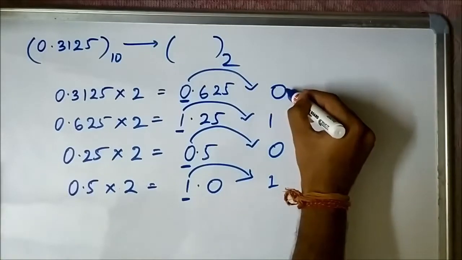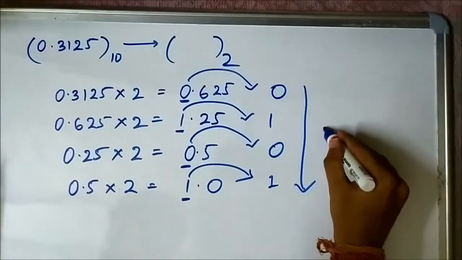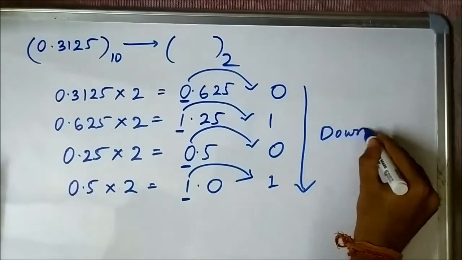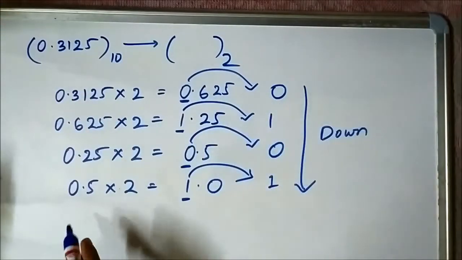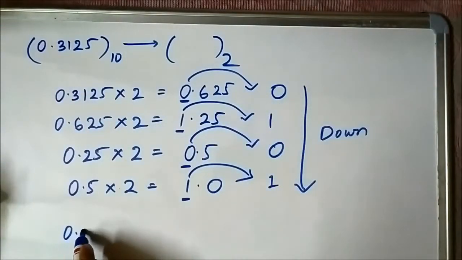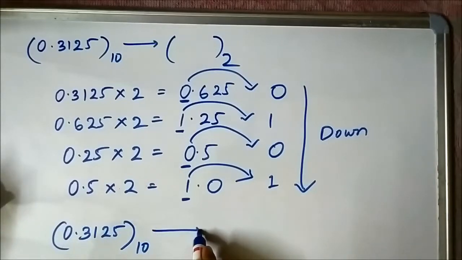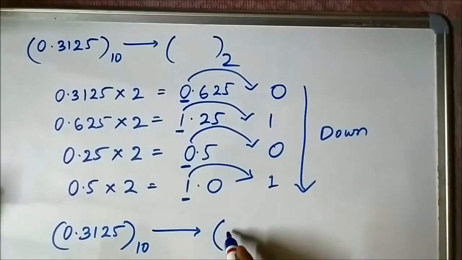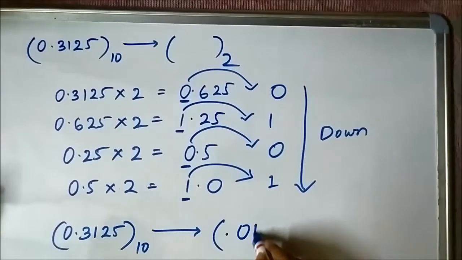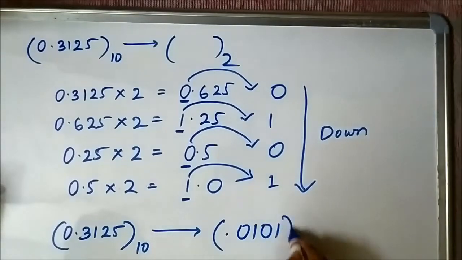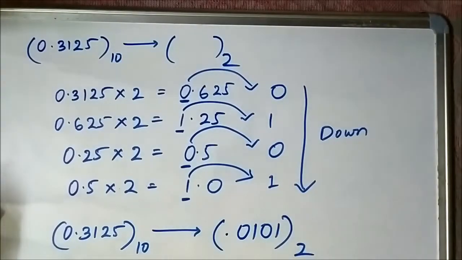Now, starting from the top, we'll move downwards and note the bits in that order. So 0.3125 in decimal form is equivalent to 0.0101 in binary form.